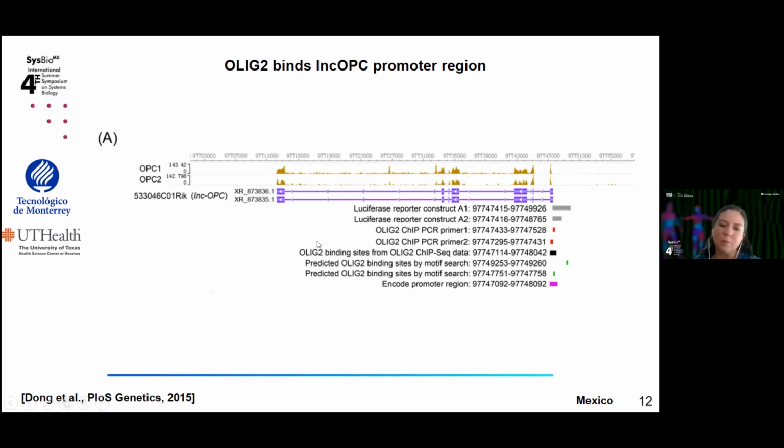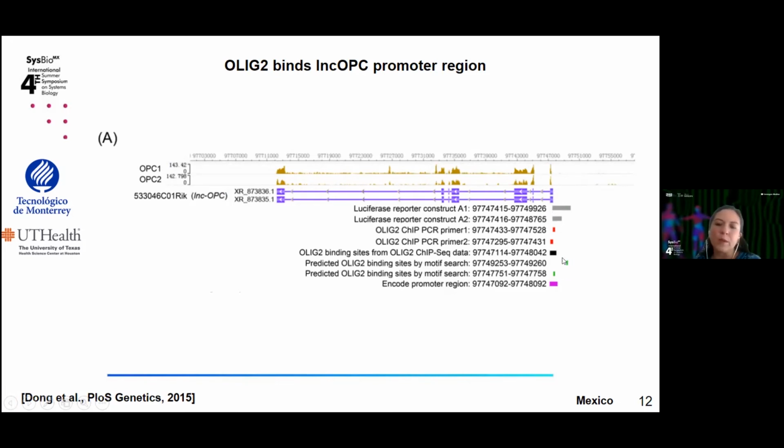So we performed ChIP-seq to see where we had binding sites for this transcription factor, and we have a binding site in the promoter region of this lncRNA. So that validates our hypothesis.